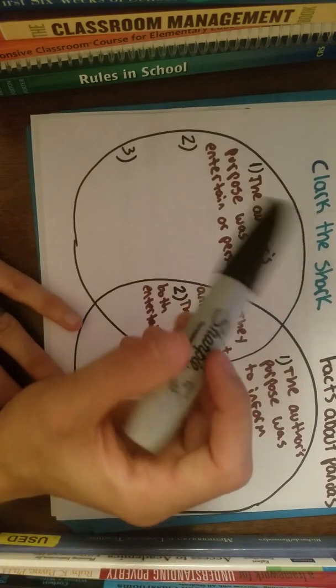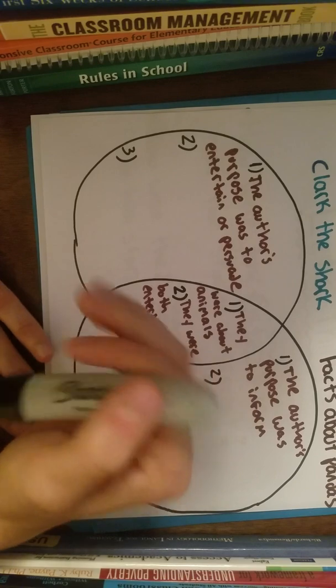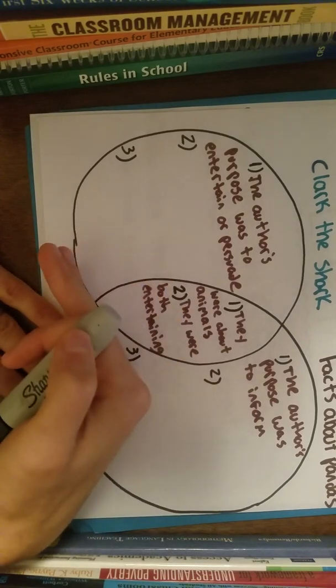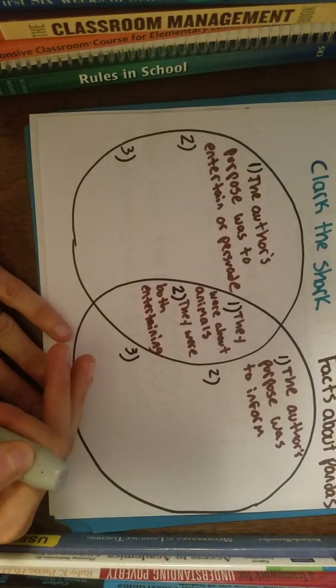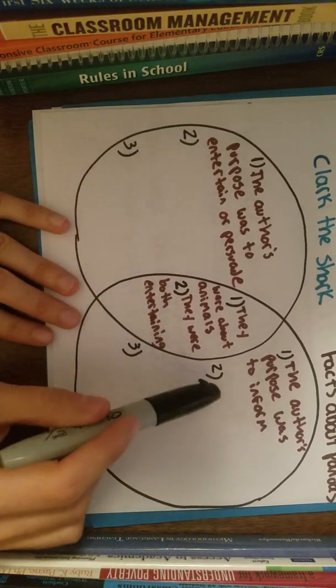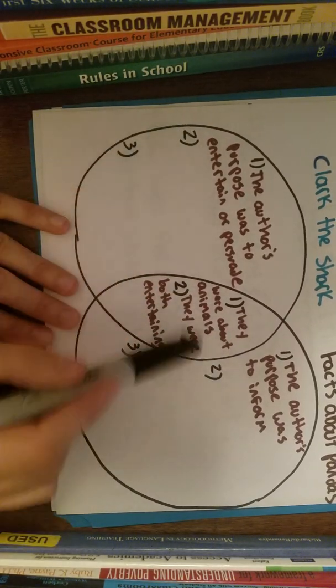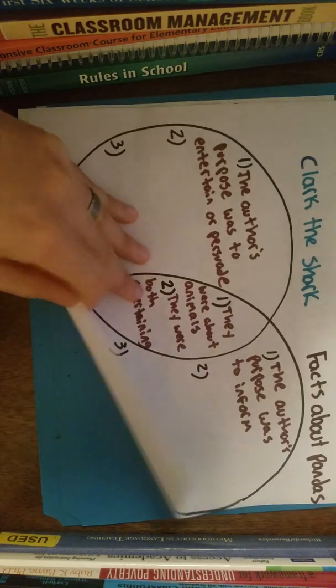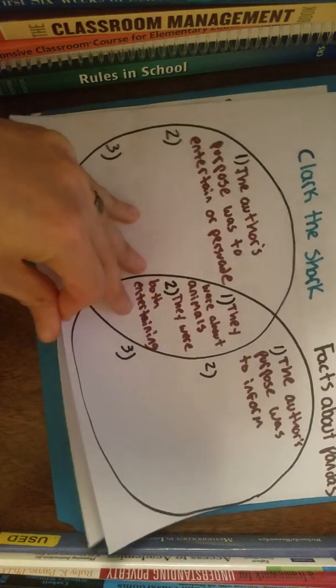And I bet that as we keep learning about author's purpose, we're going to see some of those same differences repeat again and again. So your job is going to be to fill in number two for both stories and number 3. So let's think about a couple of questions when you're filling those out.